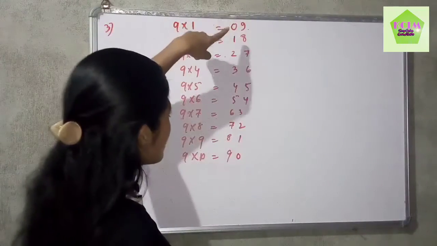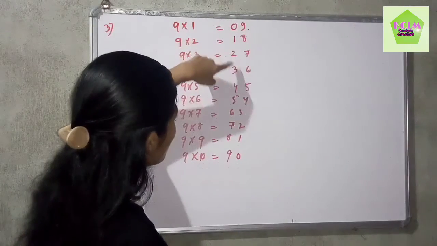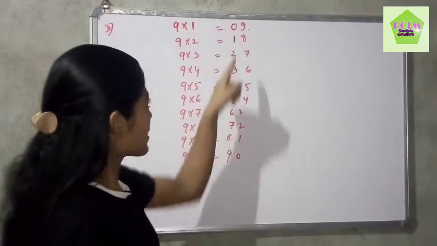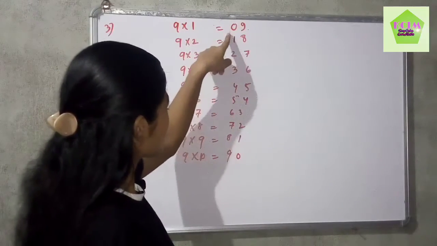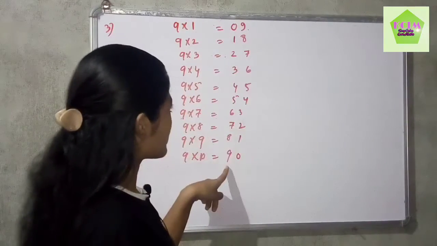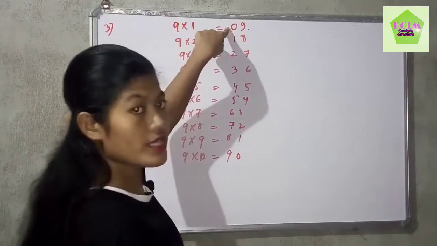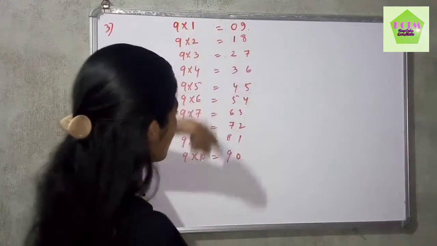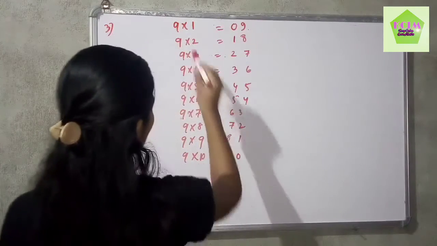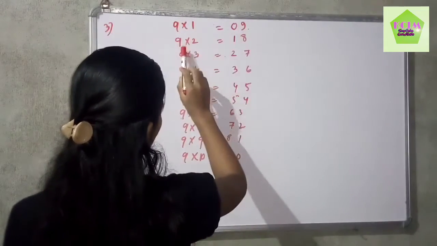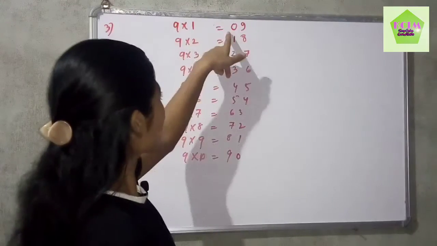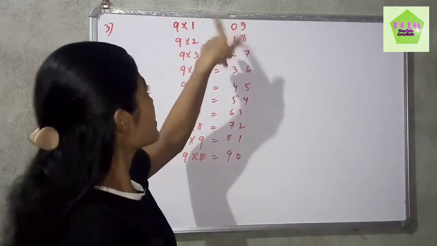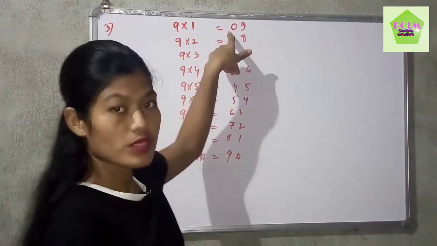If I notice, 0 1 2 3 4 5 6 7 8 9, the first digits of these numbers are serially from 0 to 9, right? So 9 1s are 09, 9 2s are 18. Here 09, you can write 9 only, but I take the 9 in two digits.